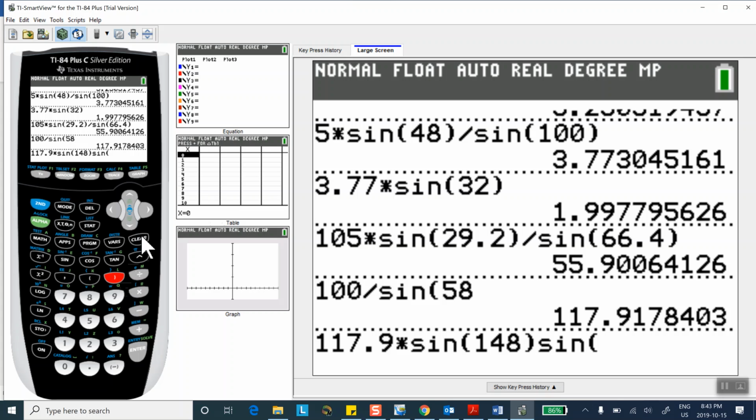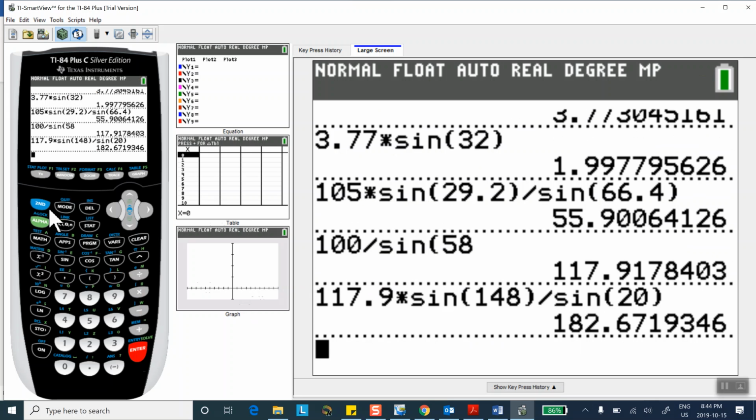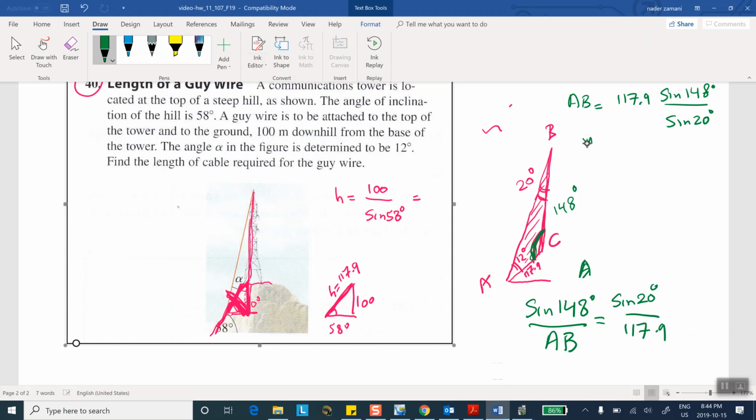Close the parentheses. Divided by sine of 20. We finally did it. Close the parentheses. There we are. 182.6. So this is going to be approximately 182.6 meters.